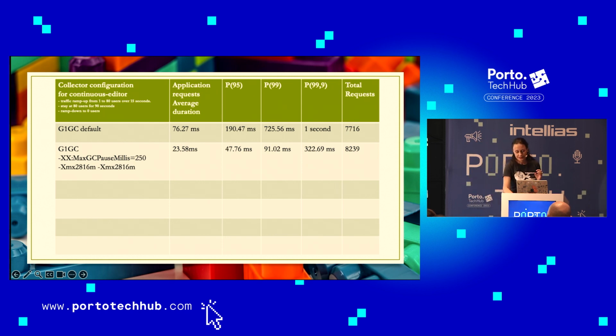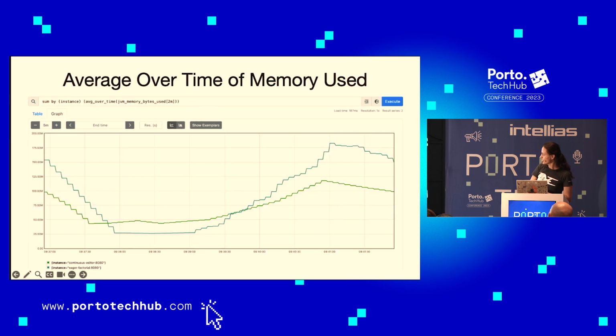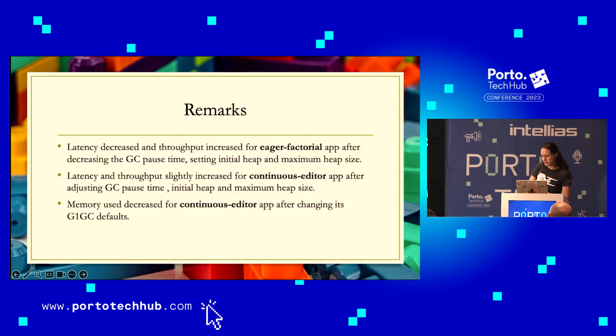There's a slight difference with the CPU usage and the average memory used over time, because my conclusions were, okay, I got better results for latency and throughput, but the memory used decreased for the one that is IO bound.